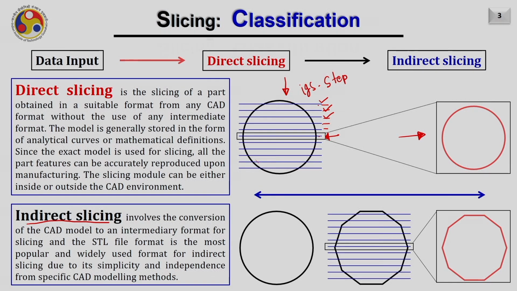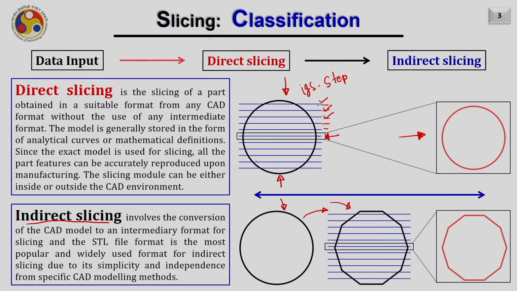Let me take the same example, a sphere. This is the accurate representation of the sphere, maybe in some format like IGS, STEP or Parasolid. Then this format is first converted to an STL file. Depending on the number of triangles we use, the model will be close to the actual model. Here, as fewer triangles are used, you can see that it looks like a polygon.